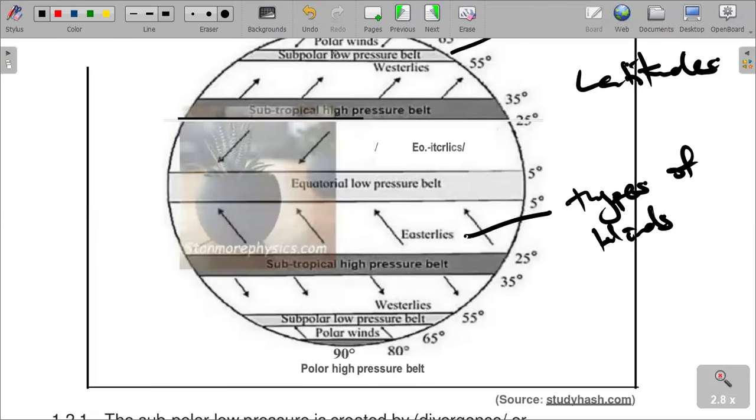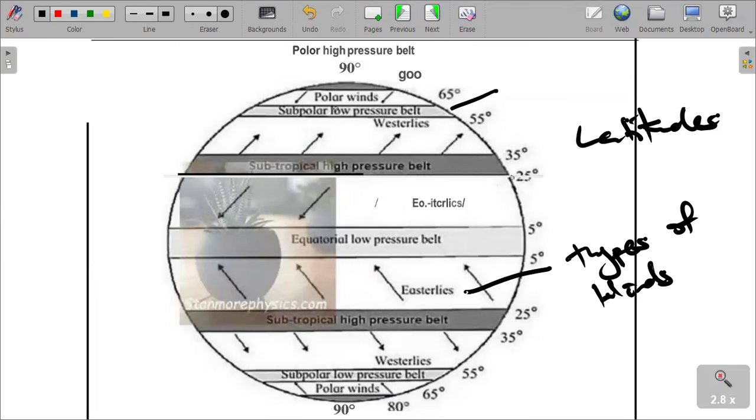So these pressure belts and latitudes are supposed to be known, as well as the types of winds. We have three questions that come here: the latitude, the type of wind, and the pressure belt found within the different latitudes.